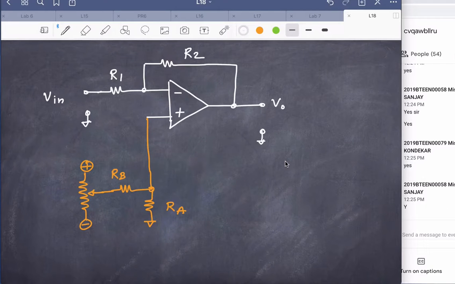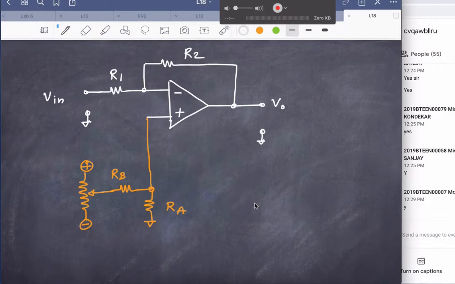Are you getting up to this point? Any query? We are talking about input offset voltage, and we want to nullify the effect of input offset voltage which will otherwise appear on the output. Are you getting the point?